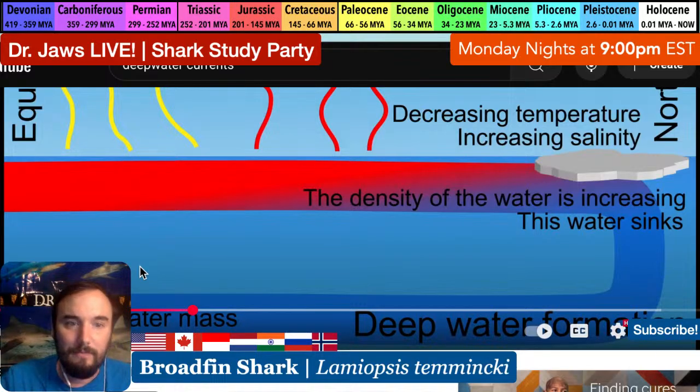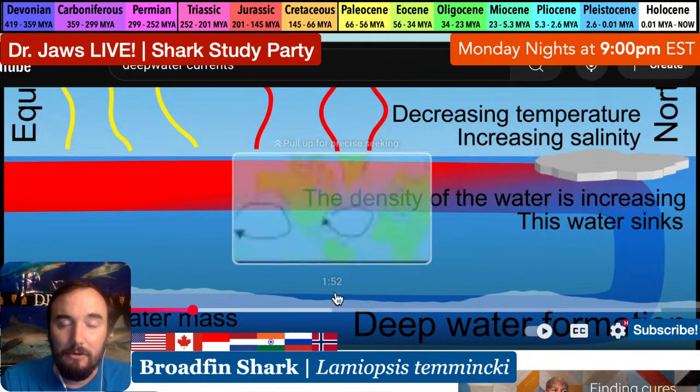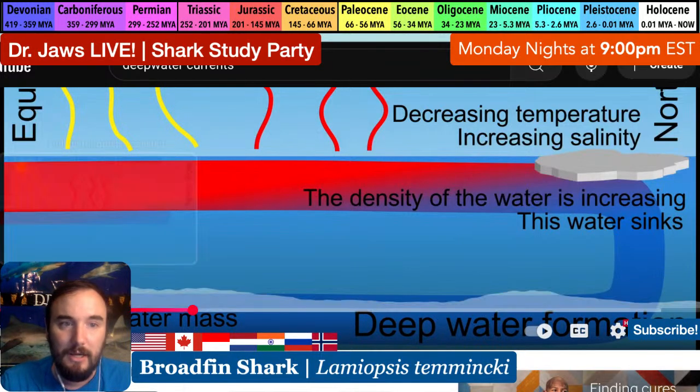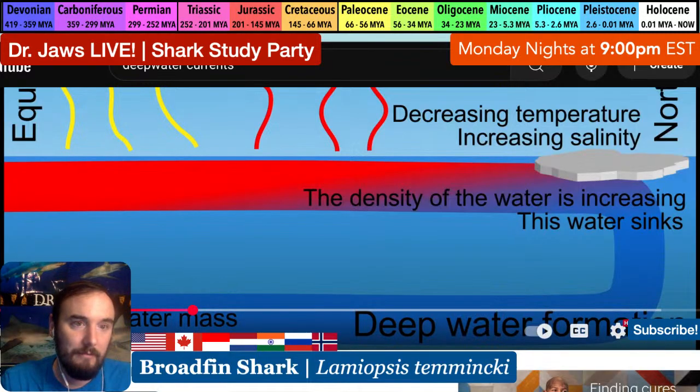And it will get back towards the equator. Once it's at the equator, it warms up again and starts to rise again. Ultimately, it creates this really cool cycle of warm water moving into deep cold water, and then rising up again as warm water.